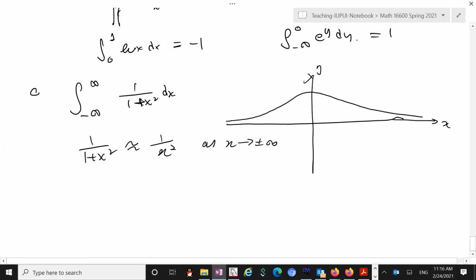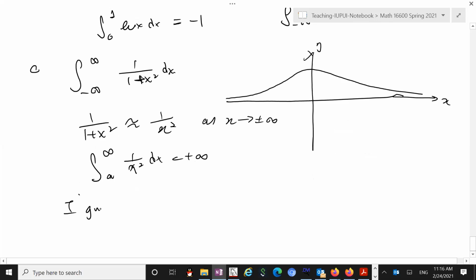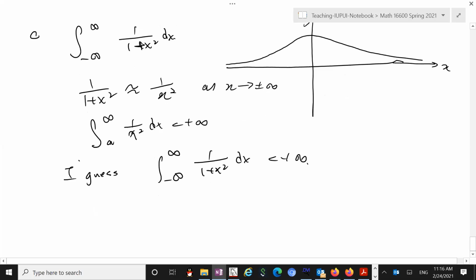So I know this is finite, and I guess that the integral from negative infinity to positive infinity is finite. So let's prove it. Before you solve the problem, you get some idea what kind of result you're going to get. So how do we solve this problem? Think about it.